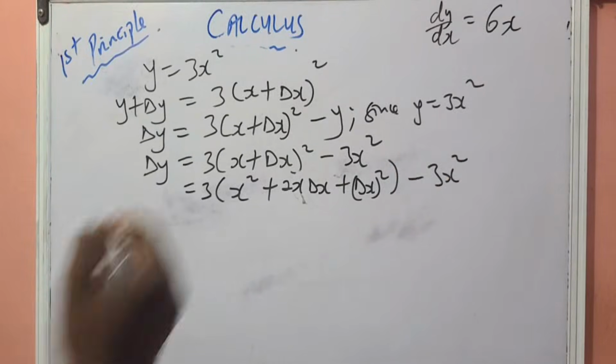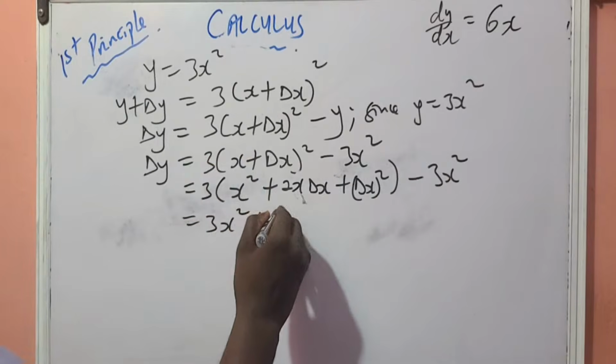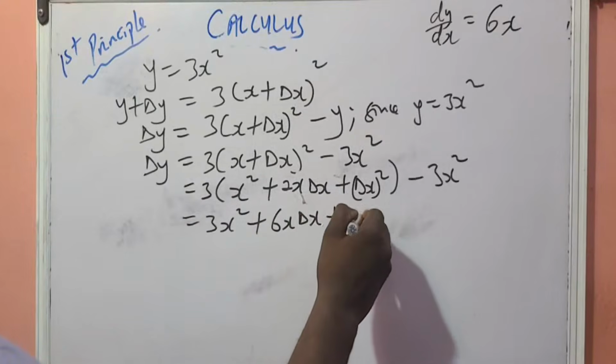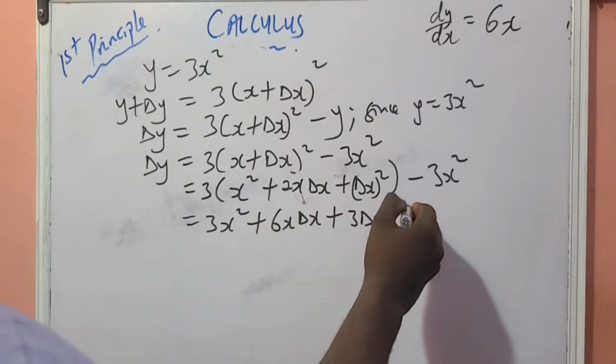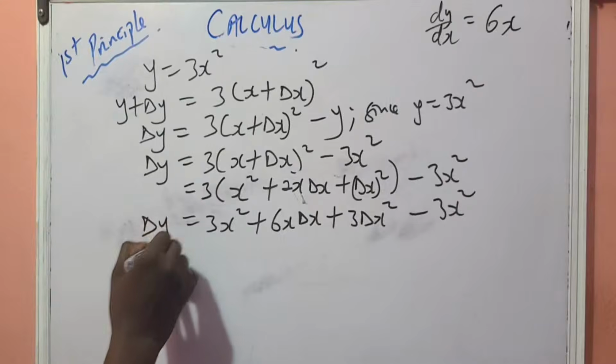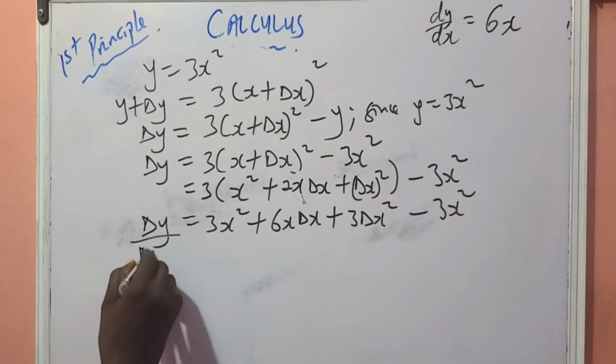That's to ensure I don't make any errors. 3x squared plus 6x dx, I'm opening the bracket right here, plus 3 dx squared minus 3x squared. Now this is my change in y. Now I've been able to make change in y the subject of formula. So what do I do next? Step number 3 said I should divide both sides by change in x. So I have to go on to divide both sides by change in x.